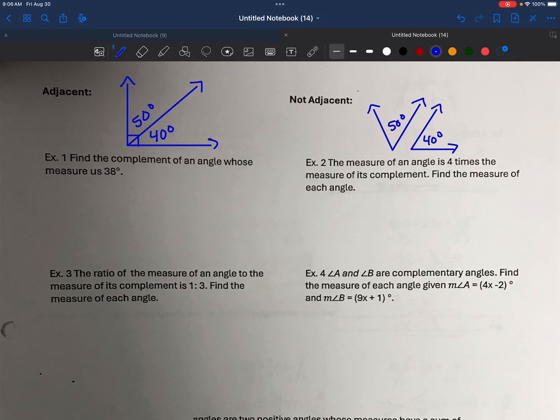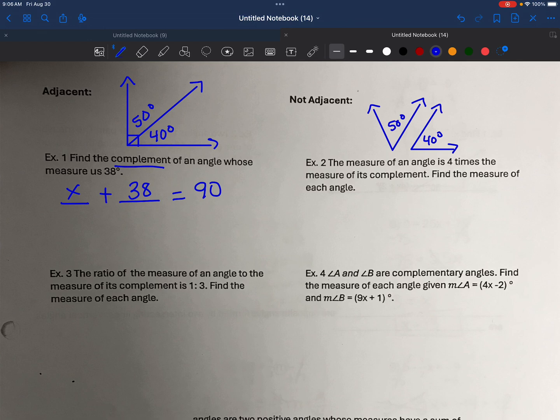Example 1 says, find the complement. Anytime you see the word complement, it means the total has to equal what? 90. So we're finding the complement of an angle whose measure is 38. Every time, we're going to add two parts and set it equal to 90 if it's a complement. Do we know either of the angles?